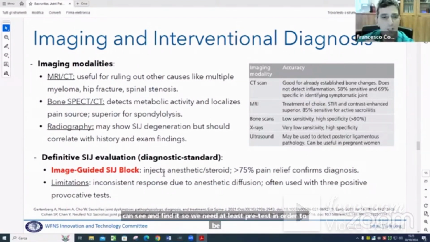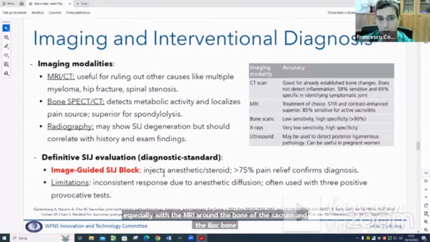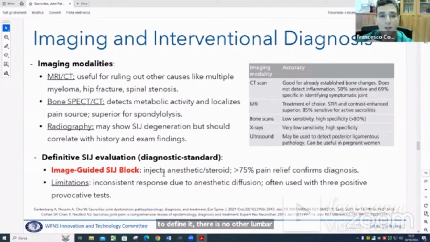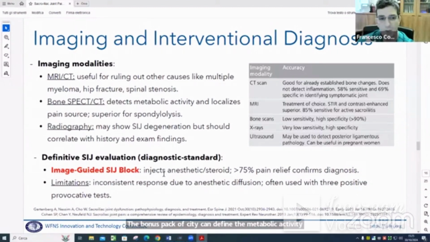Regarding imaging, obviously MRI and CT scan are useful to see this junction and to see if there is some edema, especially with MRI, around the bone of the sacrum and the iliac bone, and to define if there are other lumbar pathologies in order to make a differential diagnosis. The bone SPECT CT can define the metabolic activity and the pain source, but is not specific for this syndrome.